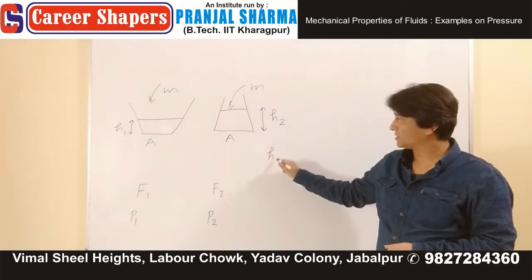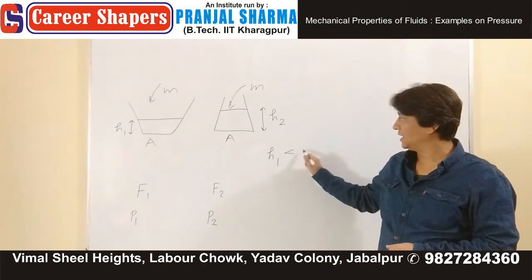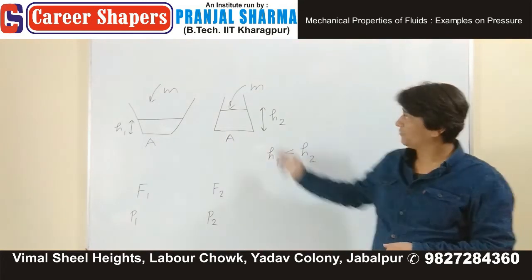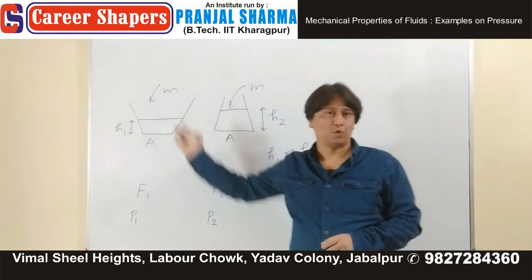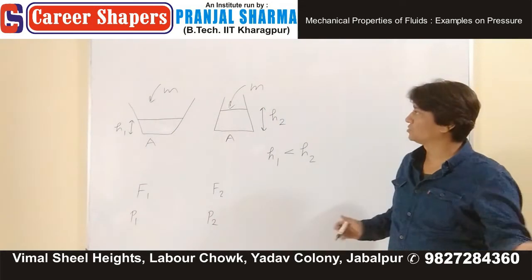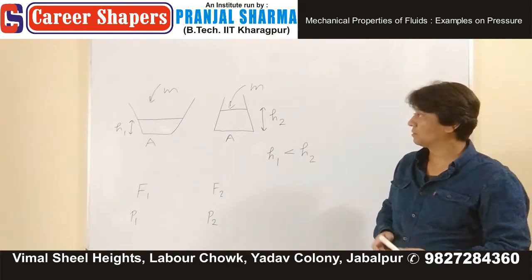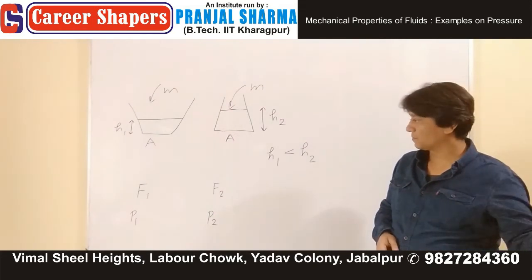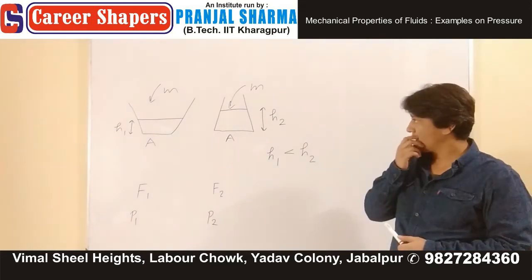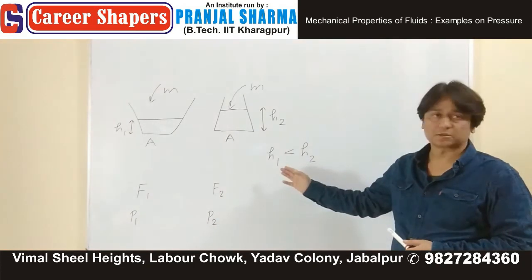Do you understand that H1 will be less than H2 if you are filling them with the same amount of water? Do you understand this part, yes or no? Those of you who could not answer, or the answer is not correct, you can take a hint from this.